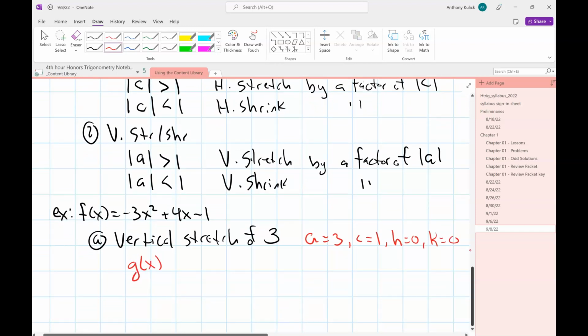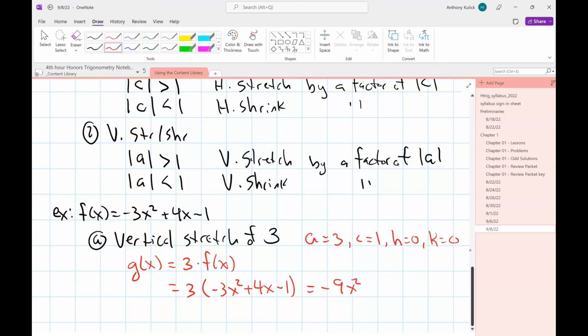So my transformation would just be 3 times f of x. Everybody okay there? And if you graph both of those, you notice that g of x would be stretched vertically. It'd be skinnier and increasing faster, right?